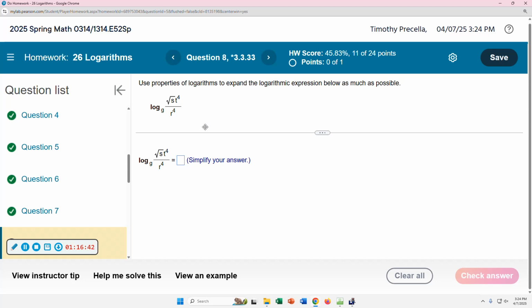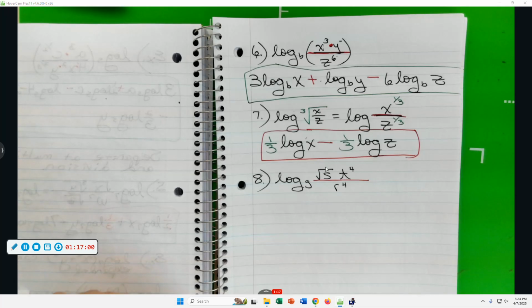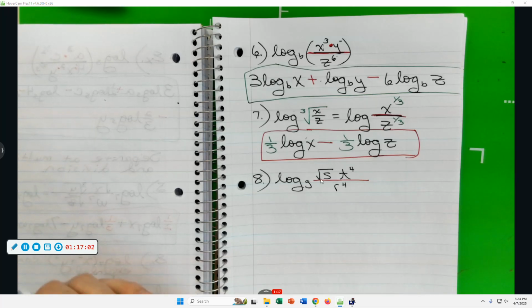And on the bottom we have an r to the 4th power. One thing we got to do before we start expanding it: if you see a radical within a logarithm, you must first rewrite it using an exponent.